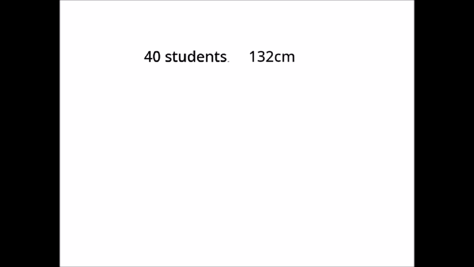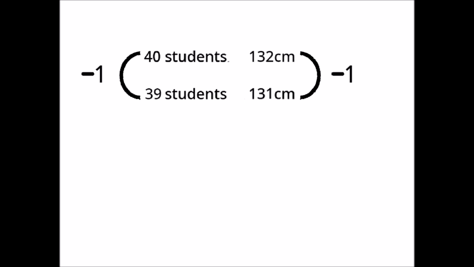Write the new number of students on the bottom left. It is 39 students because one student left the class. Write the new average height on the bottom right: 131. Now the left side difference is -1, and the right side difference is -1.